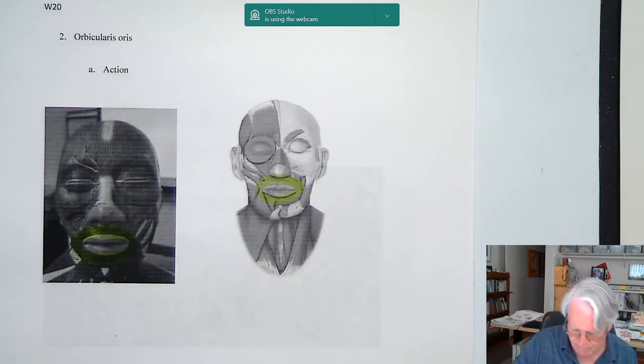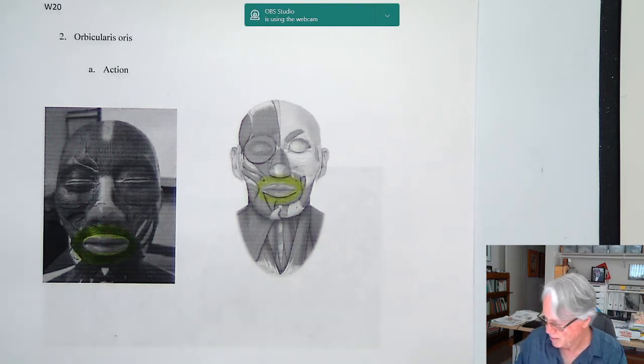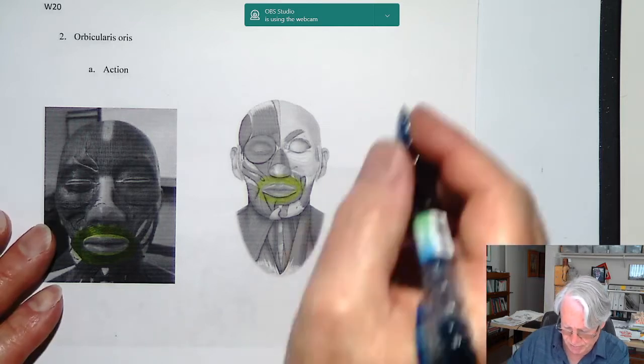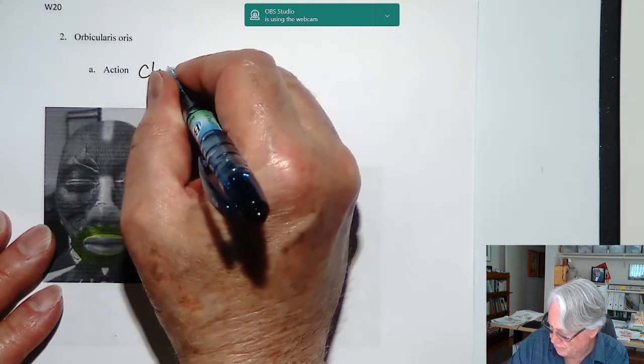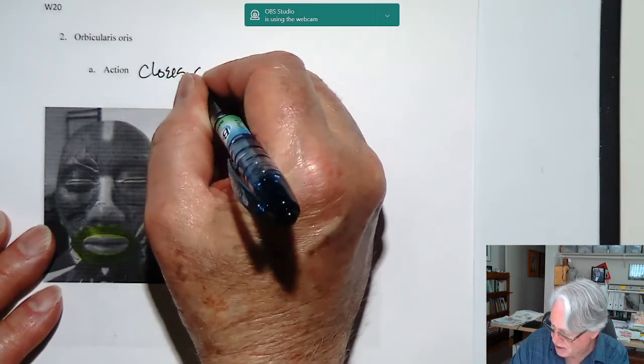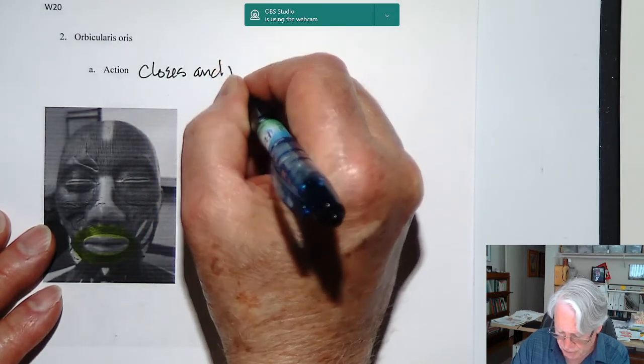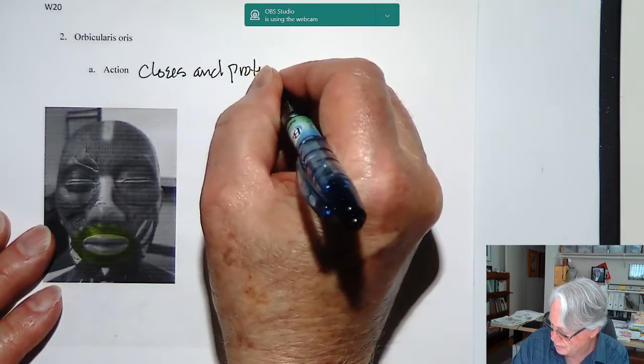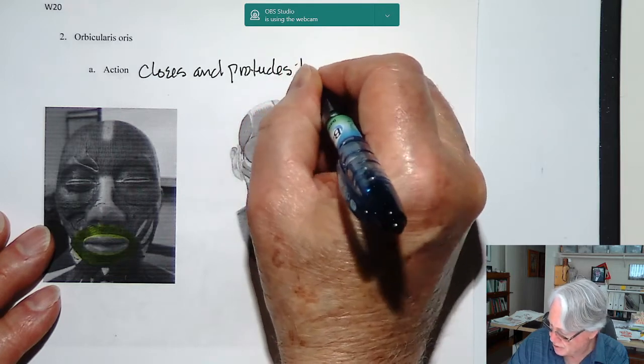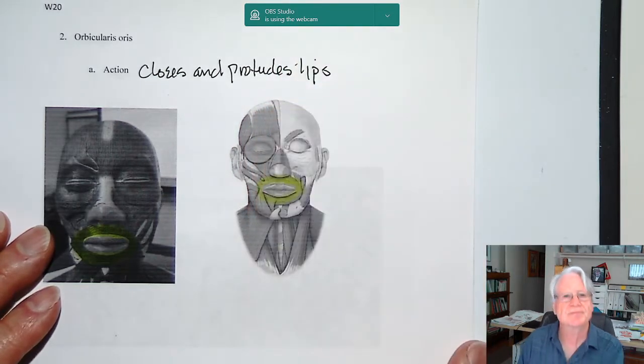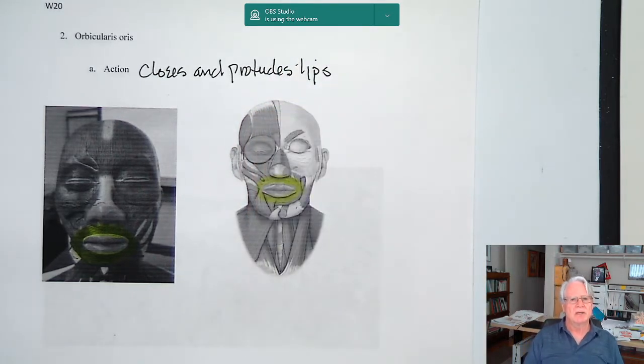And the action: closes and protrudes the lips. Closes and protrudes the lips.